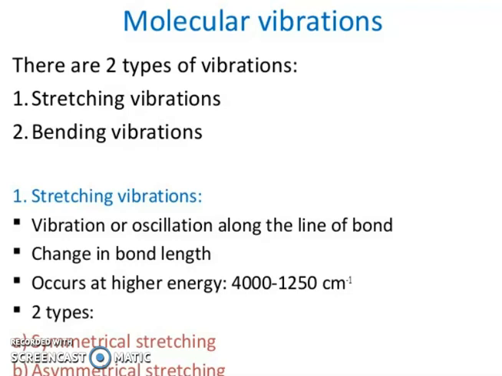Stretching vibration is vibration or oscillation along the line of the bond. Change in bond length occurs, at higher energy. And there are two types: symmetrical stretching and asymmetrical stretching.